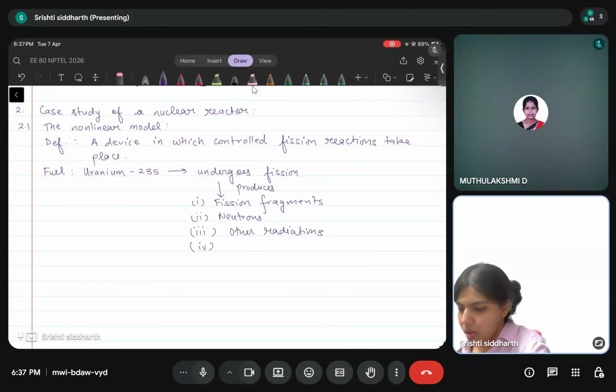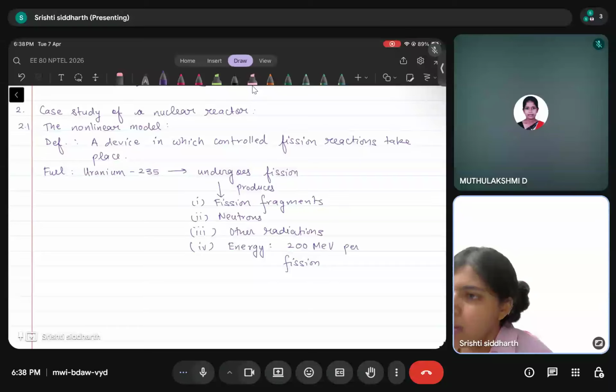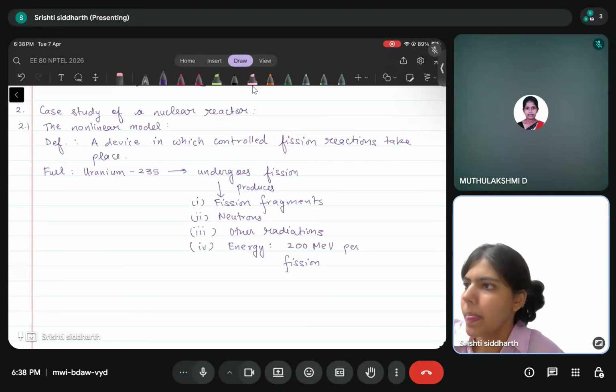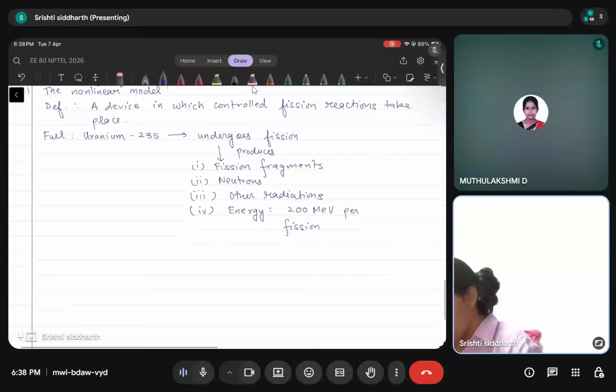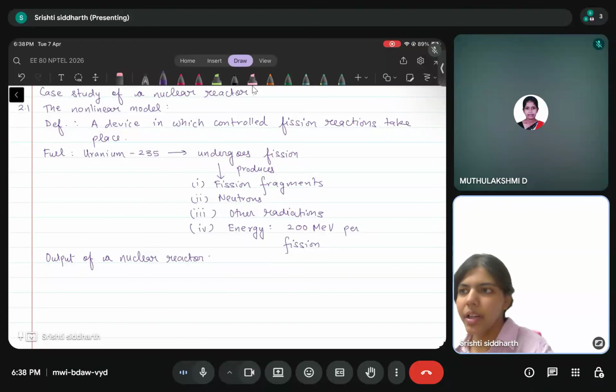Energy of 200 MeV per fission. All right. And the output of a nuclear reactor is the electricity that it generates, right?